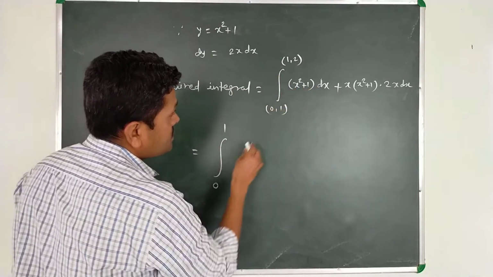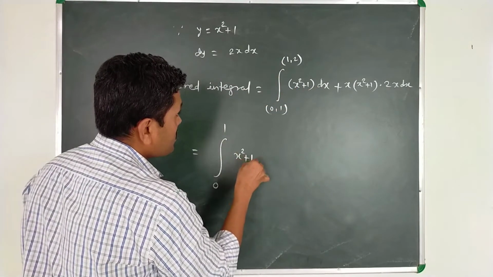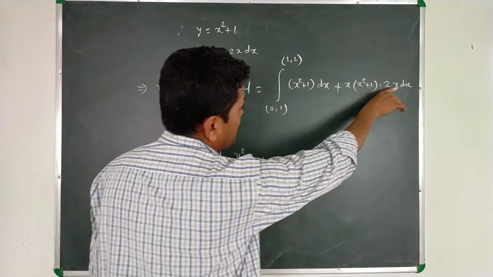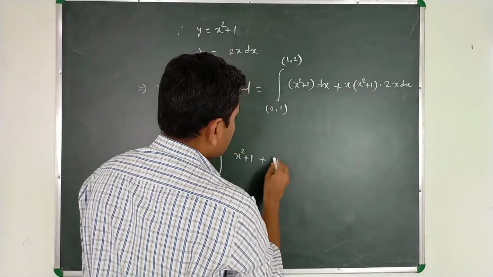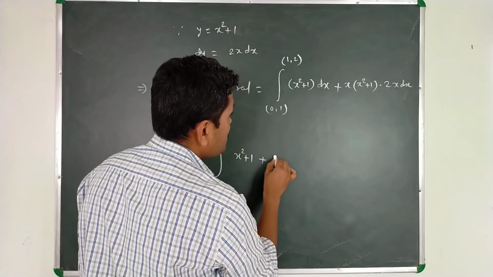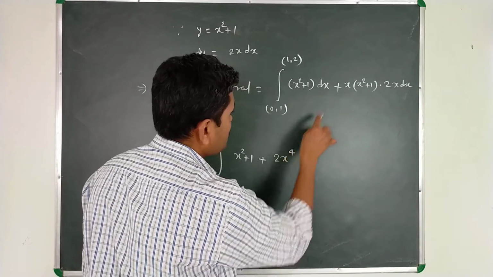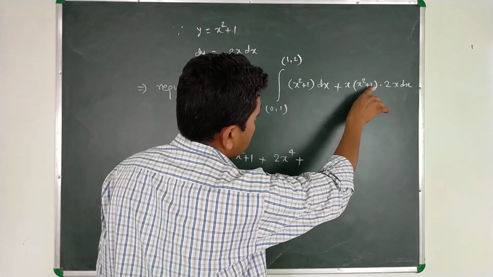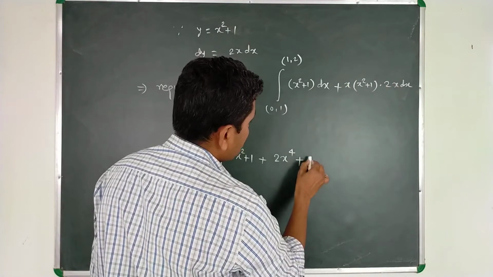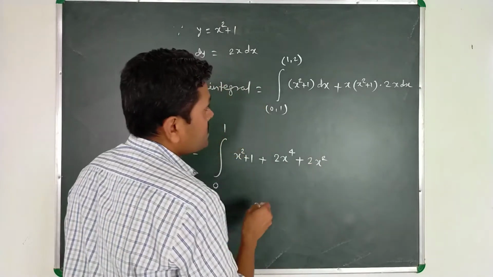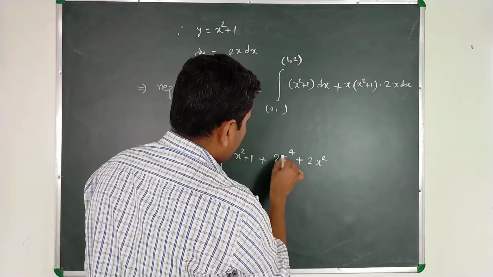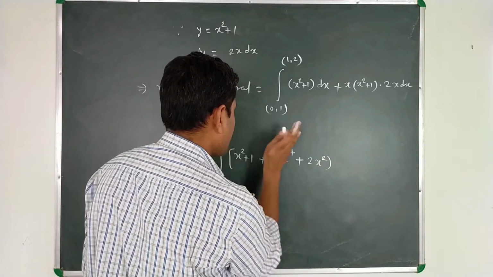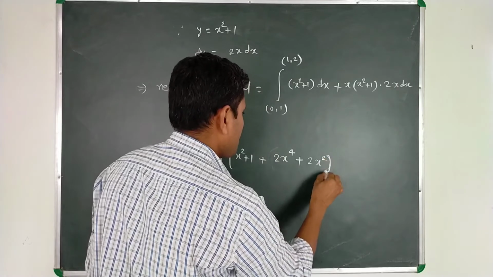Now this may be written as x square plus 1, and from here it is 2x square into x square, means 2x to the power 4, plus x into 2x, means 2x square, then dx.